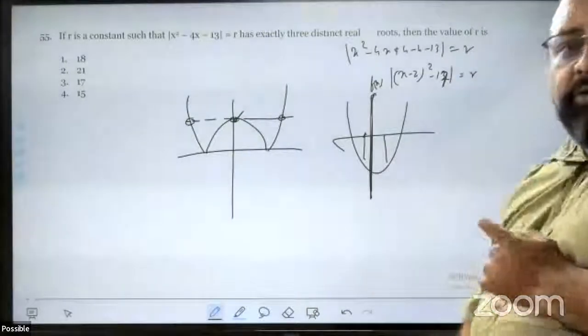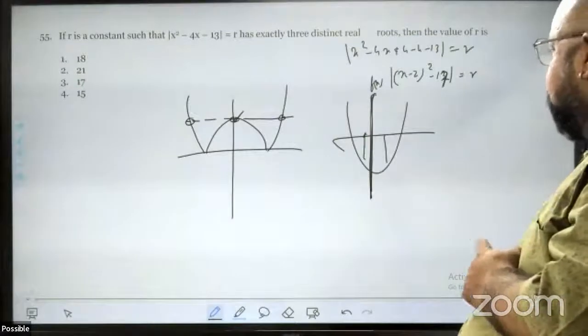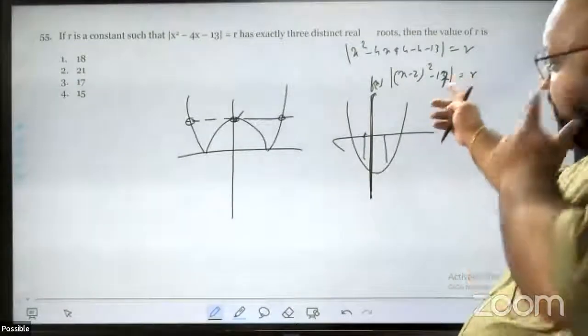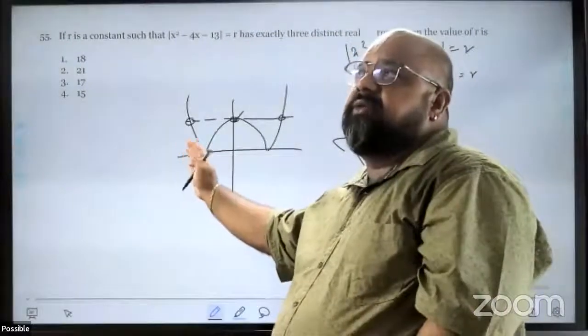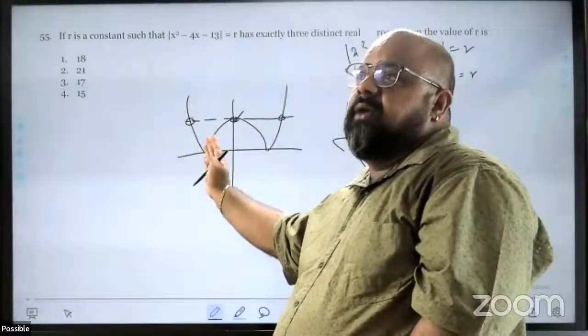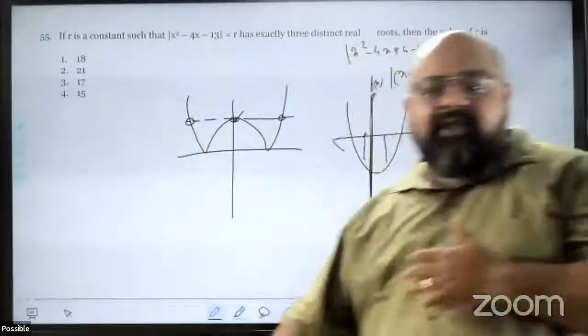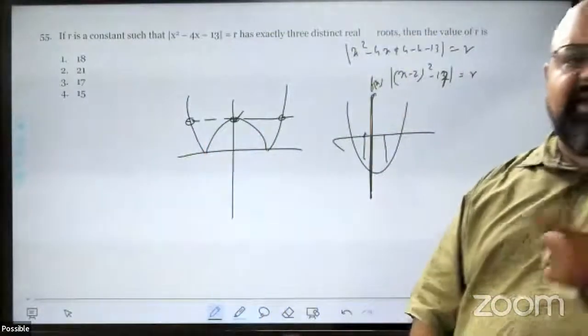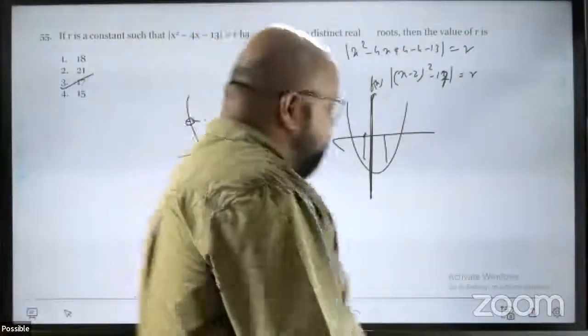So when x is equal to 2, this will become 0. And therefore r will become 17, because x minus 2, so the graph shifts towards one side. X is equal to 2 will give me a value of 0. The graph kind of shifts, the rest of it remains same, so the value of r that I require is 17. That's it.